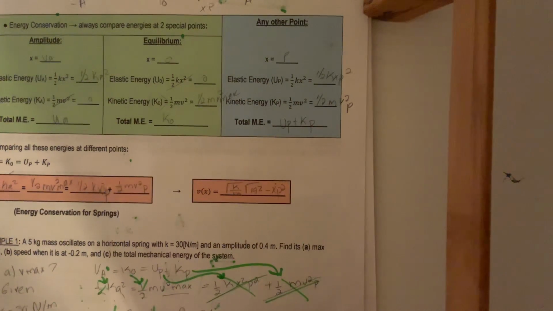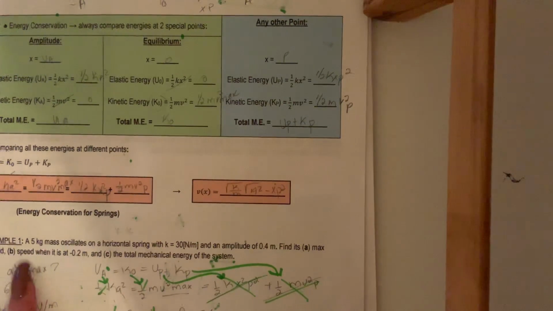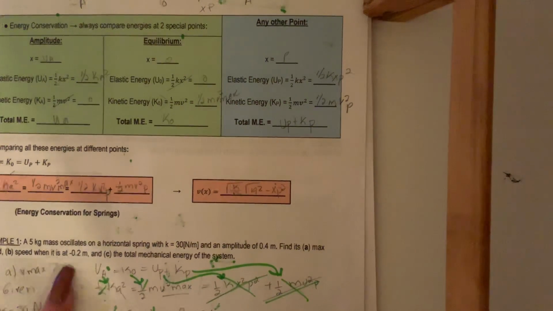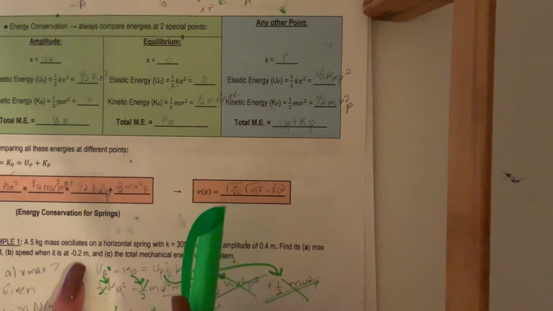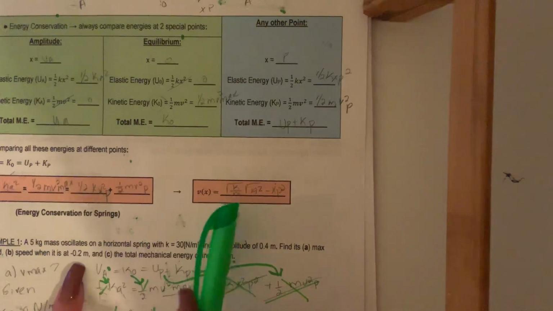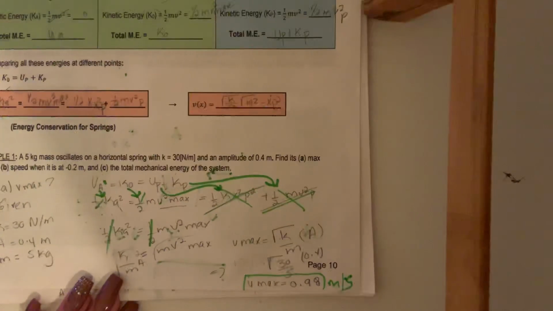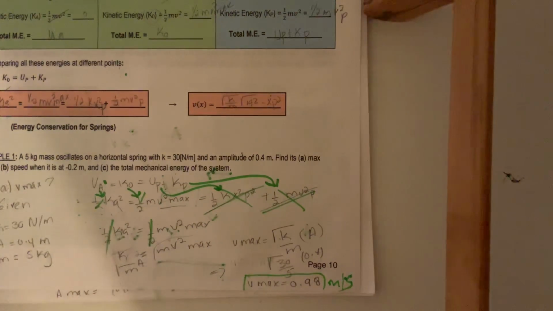Meters per second. The next question is asking for the speed when it's at negative 0.2 meters. In this case, we're going to use this equation. I can't explain this fast, so I'm going to leave it for 1 second so you can catch up.